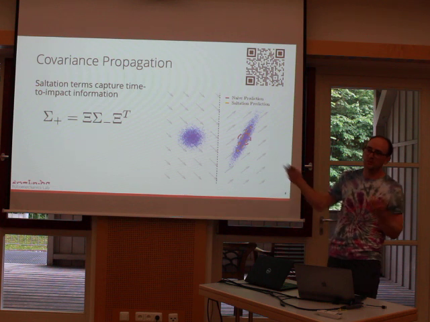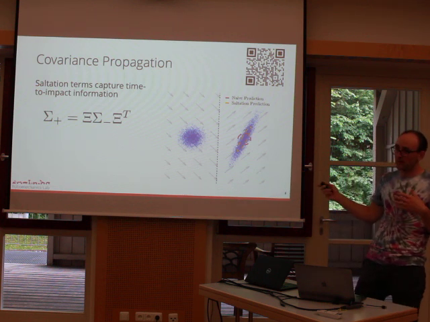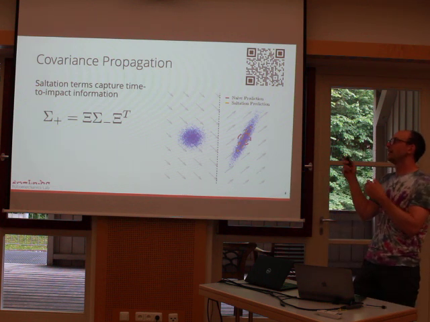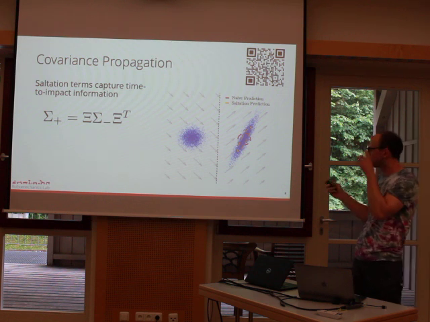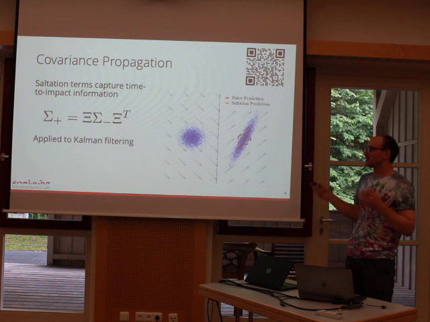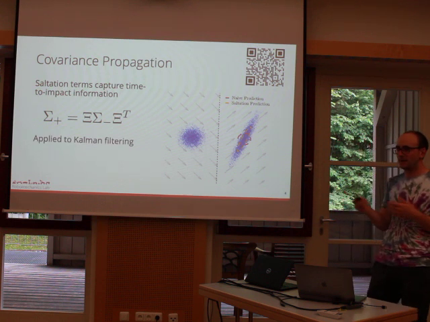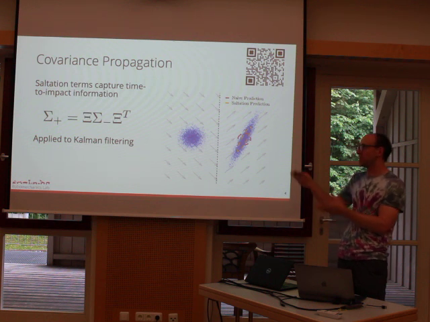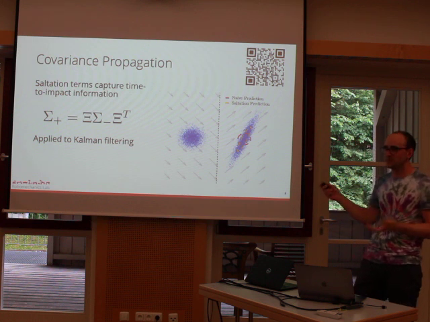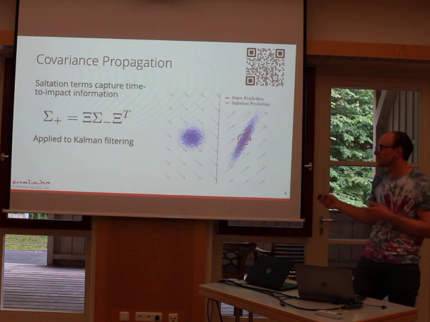You can pre and post multiply your covariance before transitioning by this saltation matrix to get your covariance after transitioning. In the past, we've applied this to Kalman filtering, which seems pretty straightforward. Once you reach that guard condition, you can use this matrix to update your covariance estimates. You would also use a reset map to update your means.